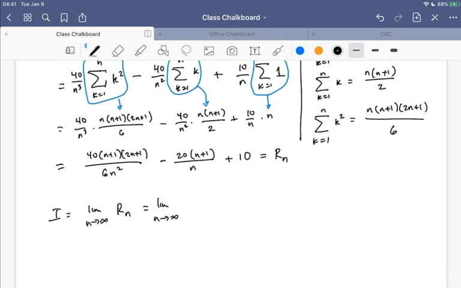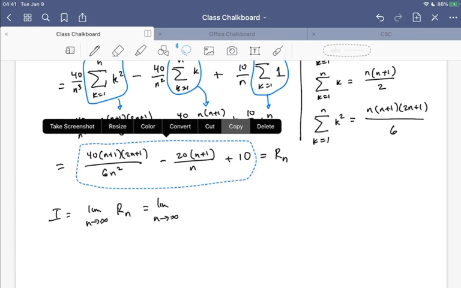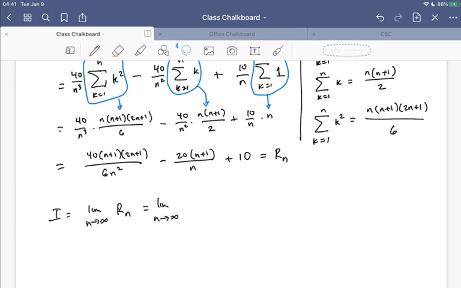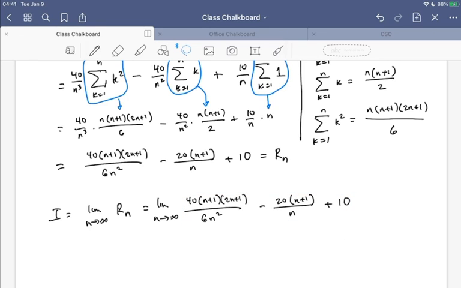And then I'll just copy this thing here. Okay. Isn't modern technology wonderful? And so we just need to take the limit of that thing.